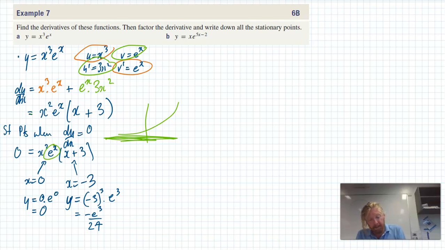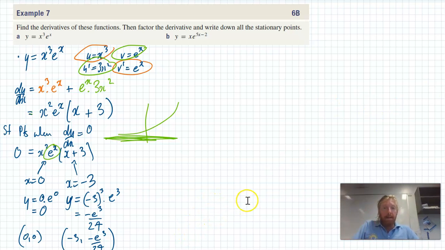So I've got one stationary point at 0, 0 and one at minus 3, minus 27 on e cubed, which is just some decimal. And we could check that by chucking it in GeoGebra or Desmos. I'll let you guys do that though.